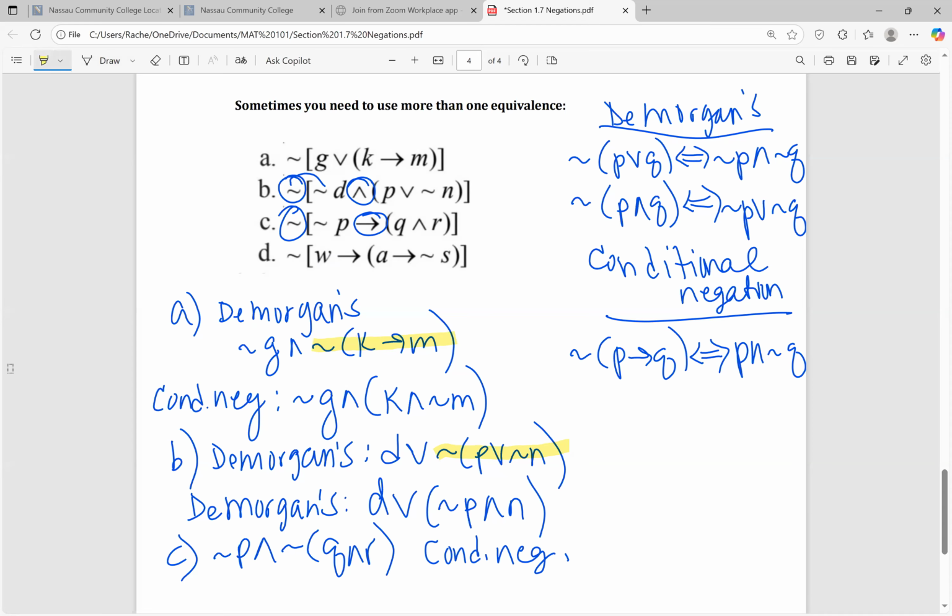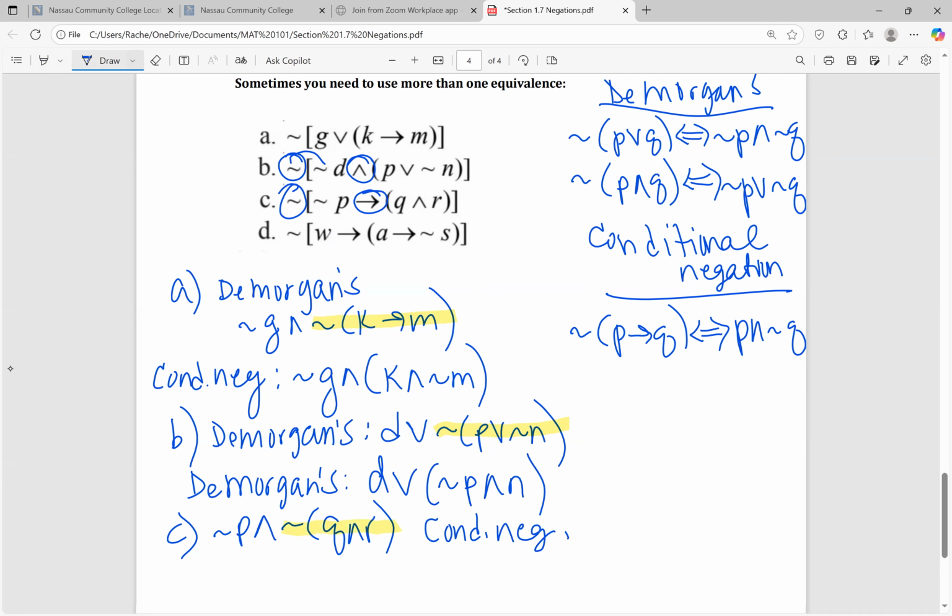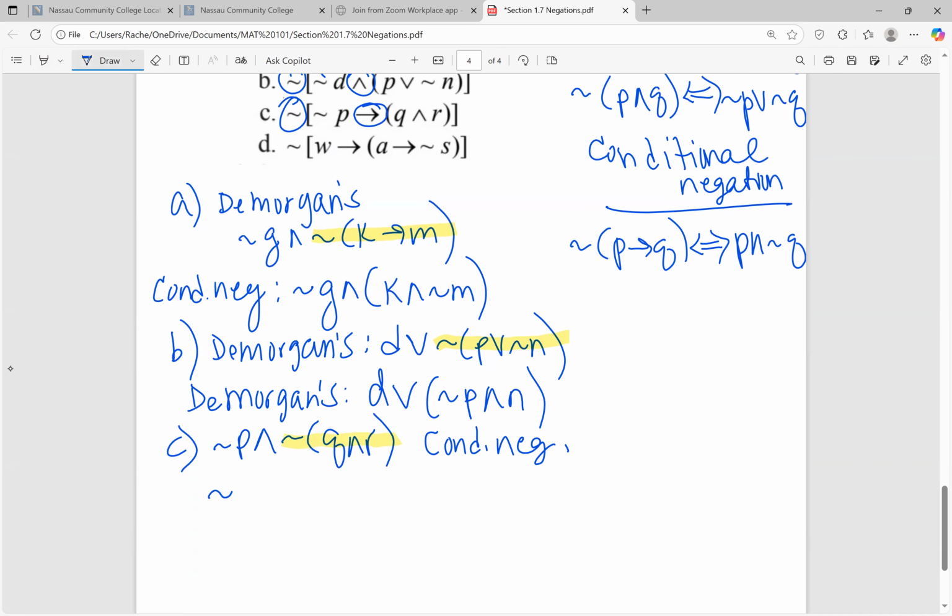But now you'll see on the right-hand side of this conjunction, we're negating a conjunction, which we could use De Morgan's. So we're going to have not P and let's use De Morgan's for the not Q and R. So that's going to be not Q or not R. So we end up with not P and not Q or not R.